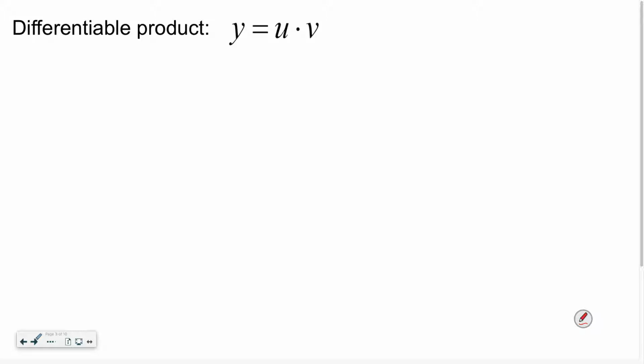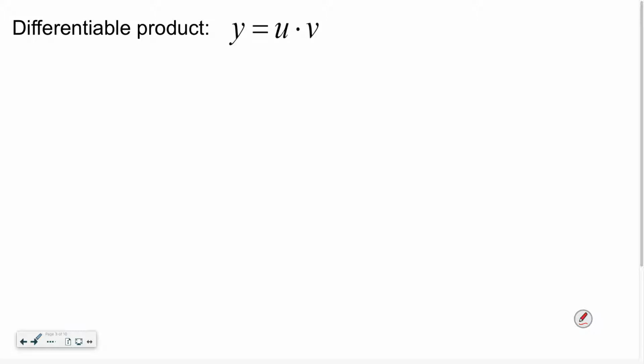I am going to go through how we get the integration by parts formula, if you will. I don't like calling it a formula. It's really more of a method, okay? But what is the why behind integration by parts? So, I have y equals u times v, where u and v are functions of x.